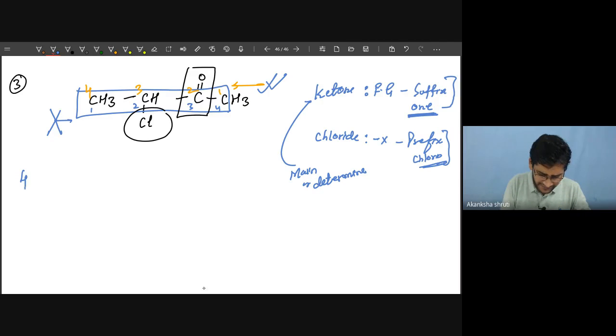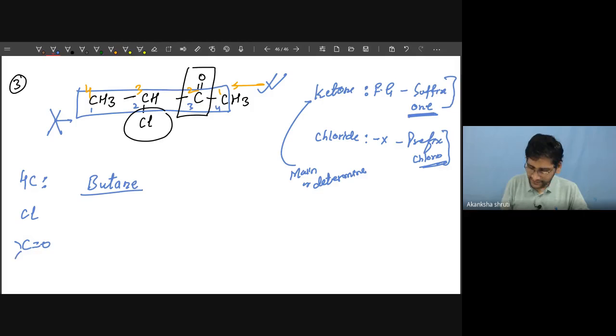4 carbon. 4 carbon means I shall use but from the alkane as alkane derivative. So butane, something like that. Now at the position, the chlorine is 1, and this functional group CO itself, ketone, is there.